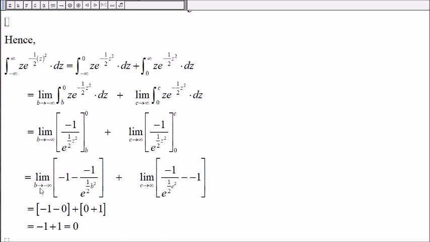As b approaches negative infinity, 1/2 b squared approaches positive infinity. e to the positive infinity is infinity. Negative 1 divided by infinity is 0. And so we have negative 1 minus 0.